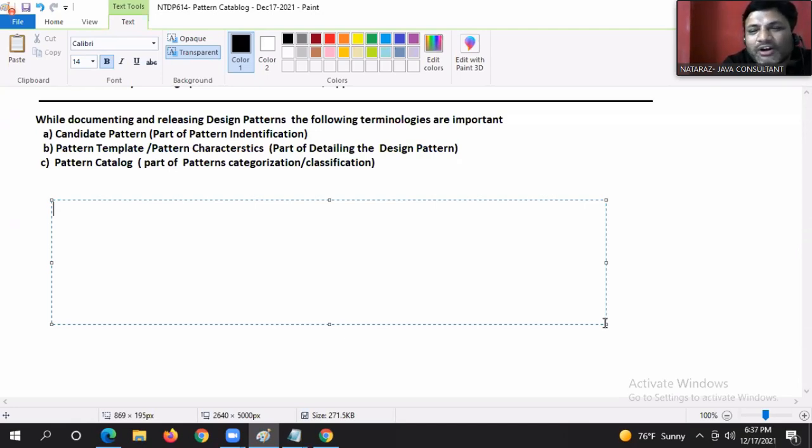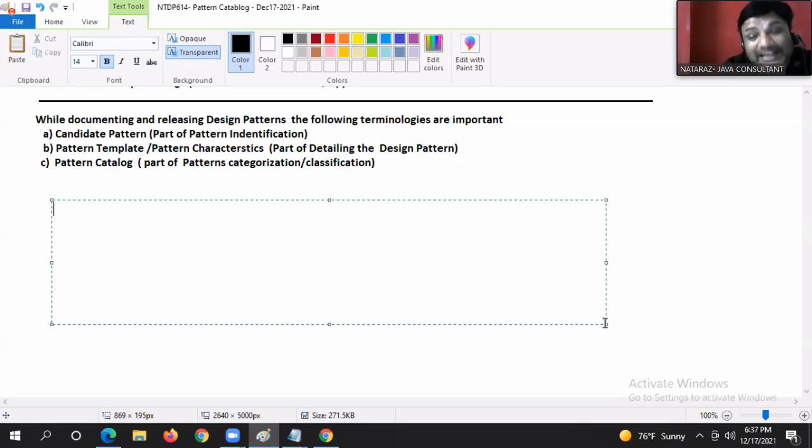Then what you will do? You will write the document about that pattern, guys. You have to give one name to the pattern. Understand the consequences of using that pattern, side effects, advantages, which forces you to go for that pattern. What is the problem?